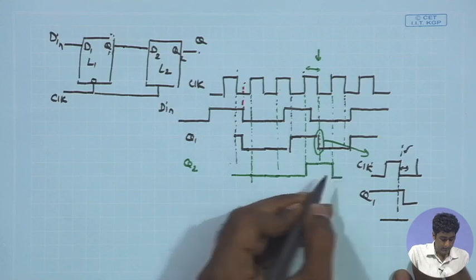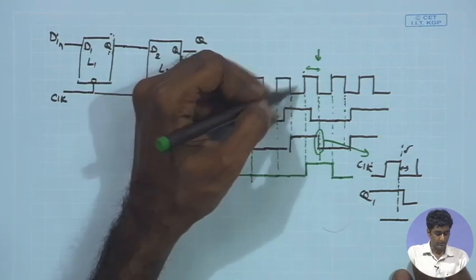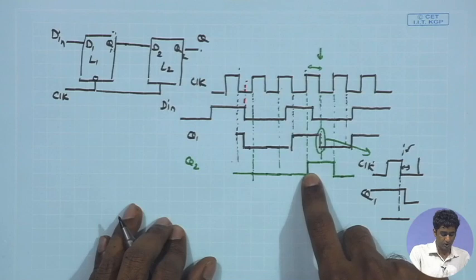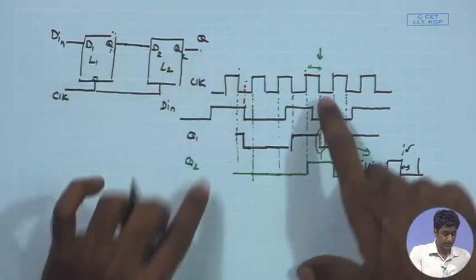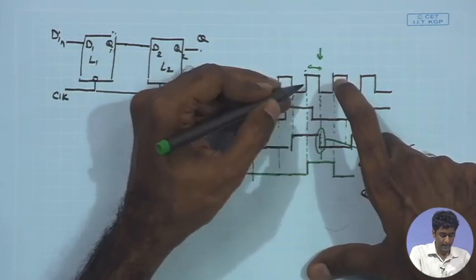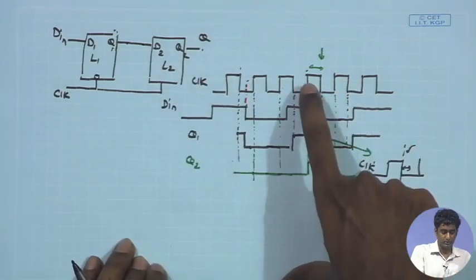and as a result, if I look at the overall operation of Q2, we can see that it is always going to make transitions at the positive edges of the clock.